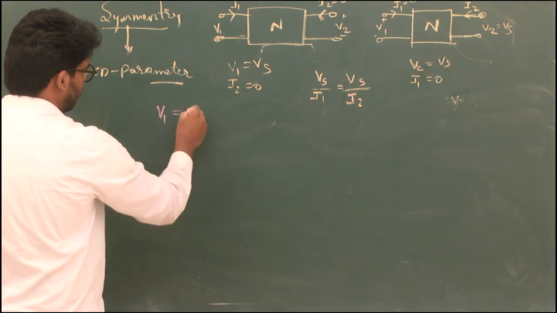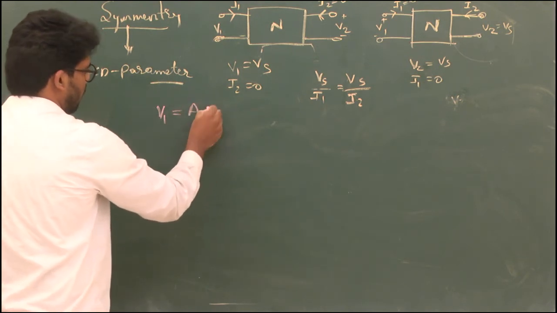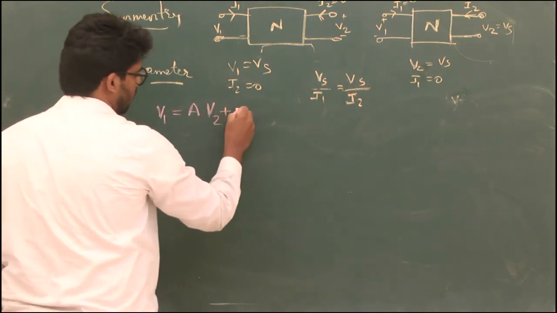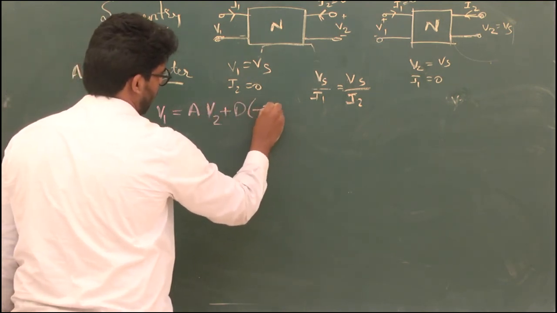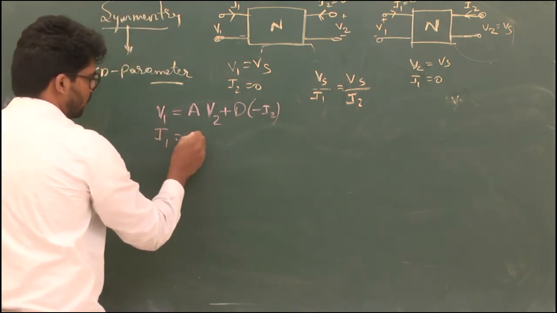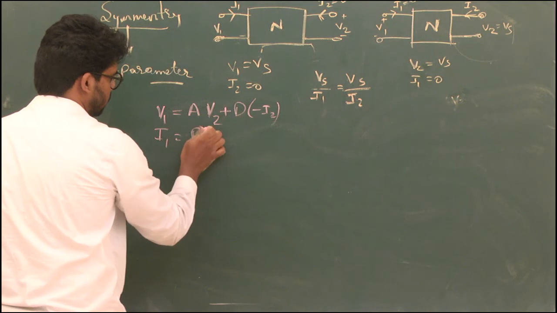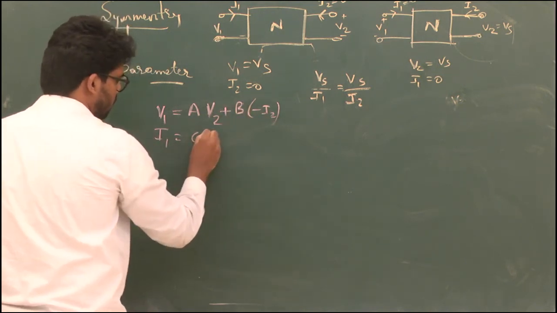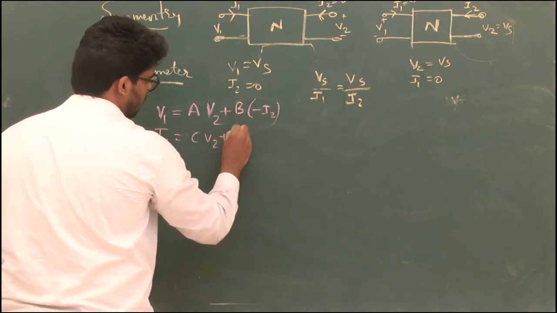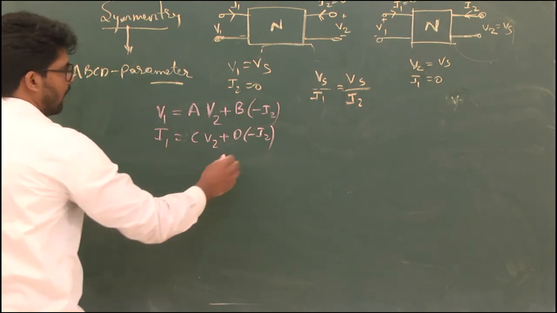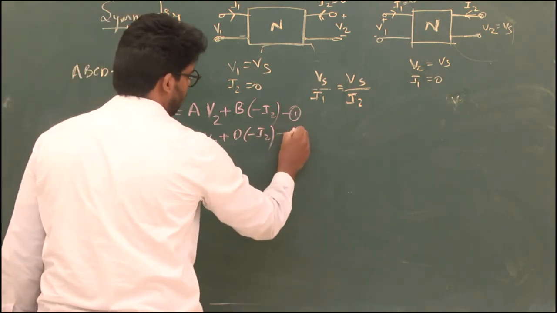V1 equal to A V2 plus B minus I2. And again we have I1 equal to C V2 plus D minus I2. I'm naming these as equation 1 and equation 2.